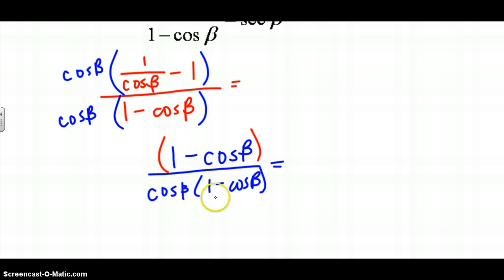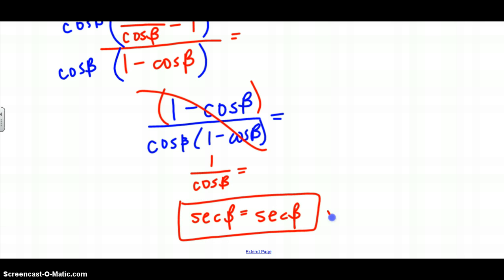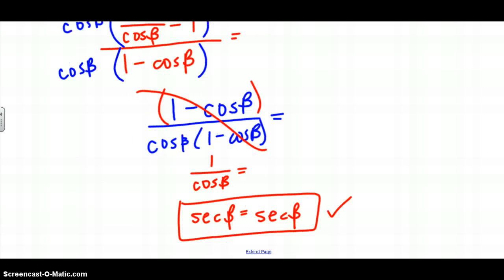This term and this term are exactly the same. Cancel them. 1 over cosine, which is the same thing as secant, which hopefully is what I was proving from the beginning. Those two things are equal.